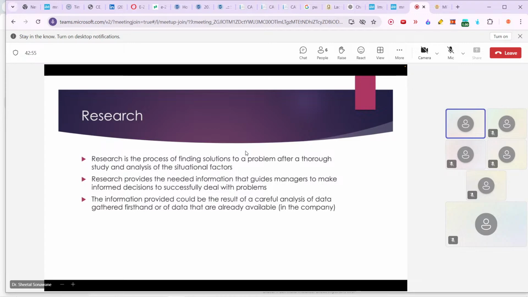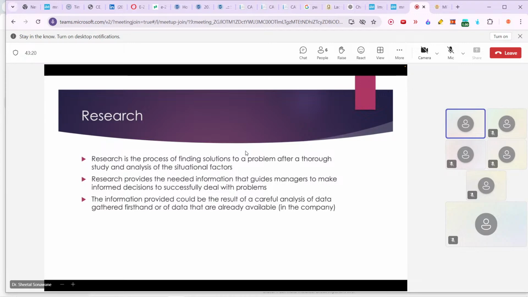The next is research provides the needed information that guides managers to make informed decisions to successfully deal with problems. Okay, in simple case, in today's situation, the college has taken a decision of making online classes, right? Because it was a strategic decision because the campus is very small.